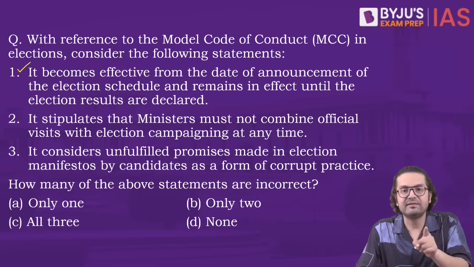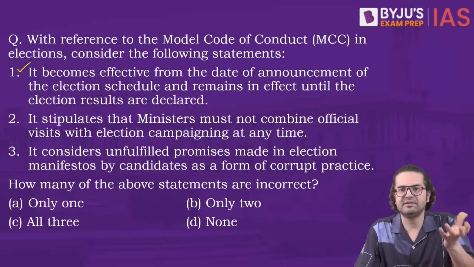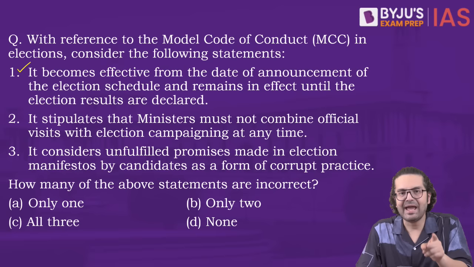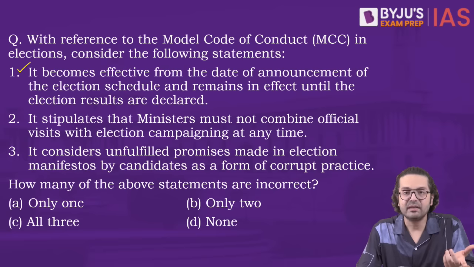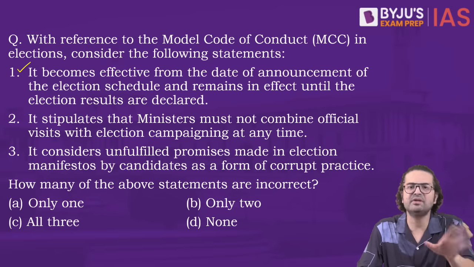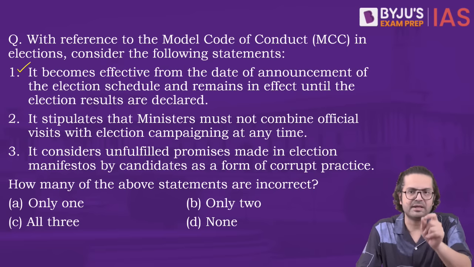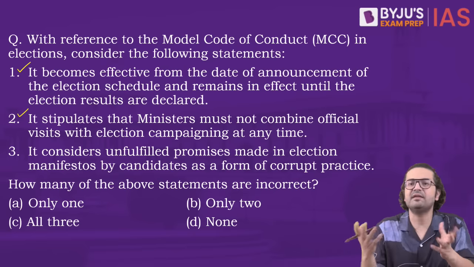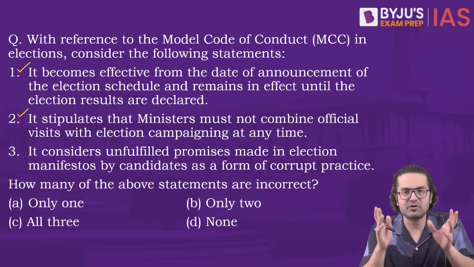It also requires that public venues, maidans, for holding election meetings, and facilities like helipads, should be made available to opposition parties under the same terms and conditions as they are made to the party in power. So yes, 2 is correct. The idea is fairness in the elections, equal opportunity.